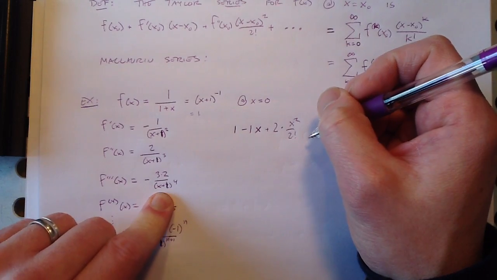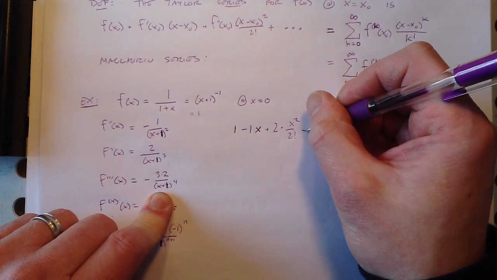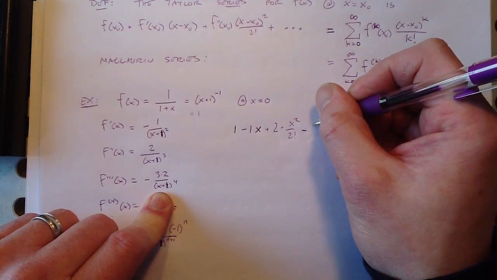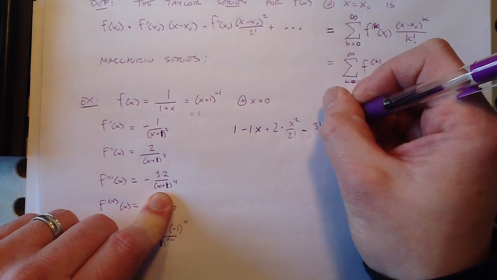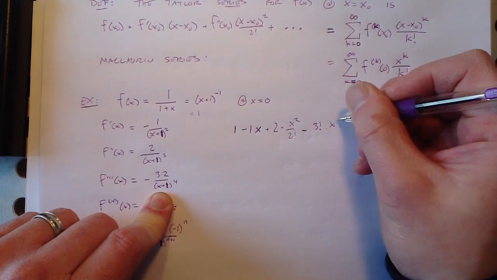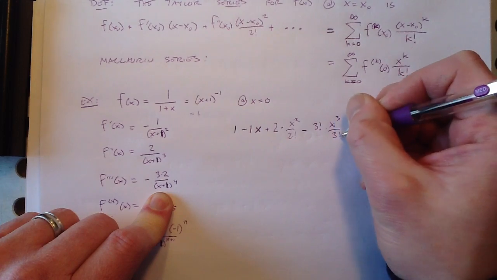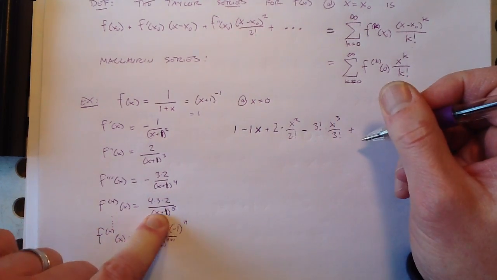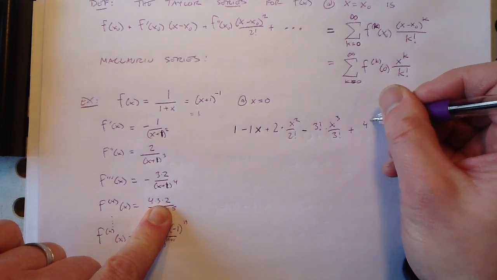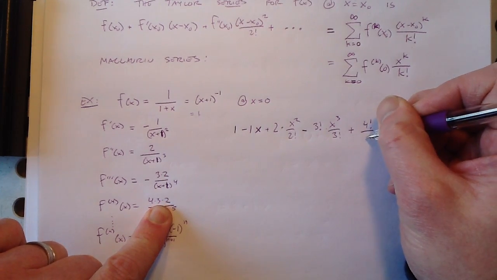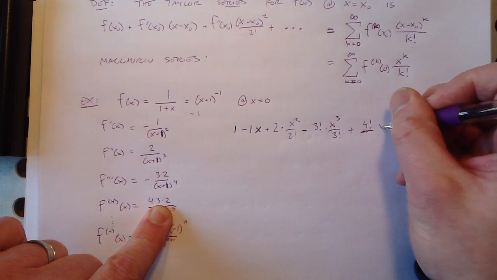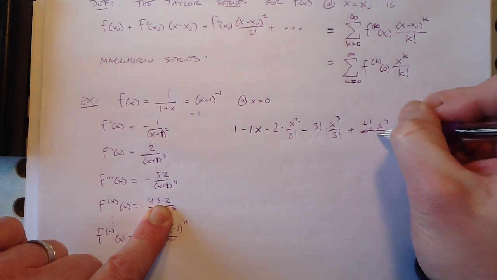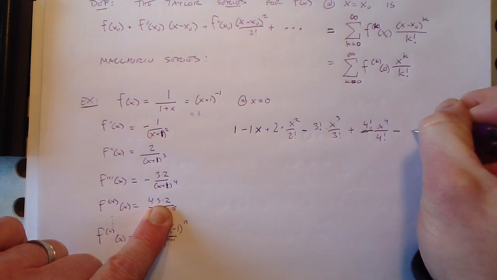And then here, when I plug 0 in, I get negative 3 times 2, or 3 factorial, times x cubed over 3 factorial, plus, when I plug 0 in here, I get 4 factorial times x to the 4th over 4 factorial, etc.